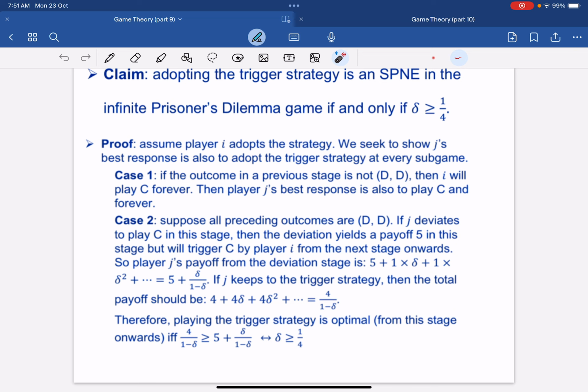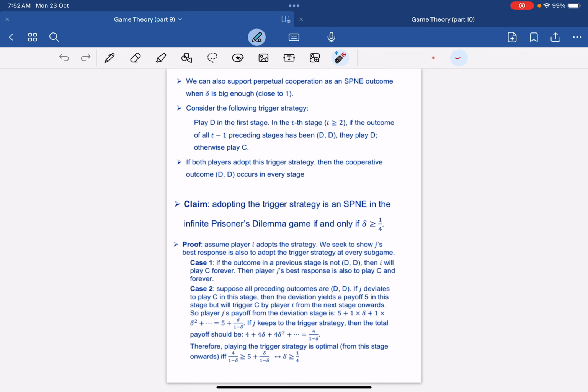Therefore, playing the trigger strategy is optimal if and only if this holds. This is what happens if you deviate, and this is what happens when you stick to the trigger strategy. So this thing needs to be greater than this. So in that case, we reduce it to find that delta must be larger or equal to 1/4.